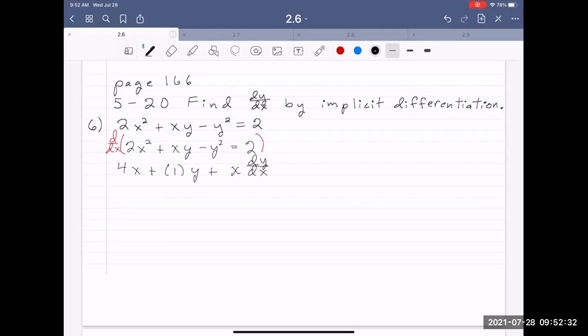It's dy dx. Plus, well, let's take the derivative of the next term, minus y squared. Again, I can use the chain rule, the general power rule, to take the derivative of y squared: bring down the exponent out front, rewrite what's inside to the power of 1 less, times the derivative of what's inside.